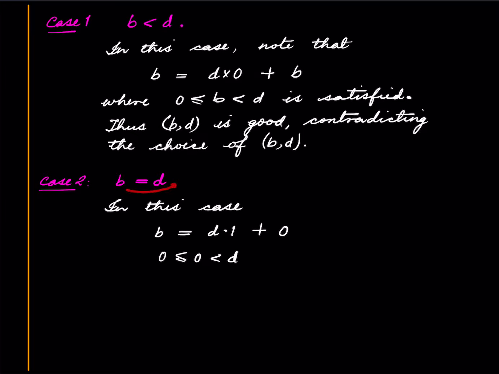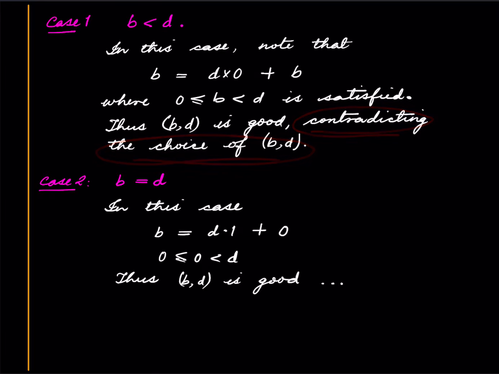Right, so if B equals D, then this is trivially satisfied. And this is also, of course, trivially true. So in this case, therefore again, B comma D is good, and again this leads to a contradiction that B comma D is bad.